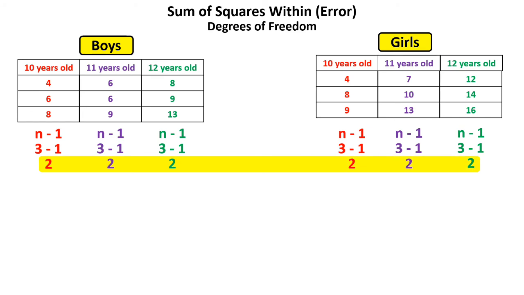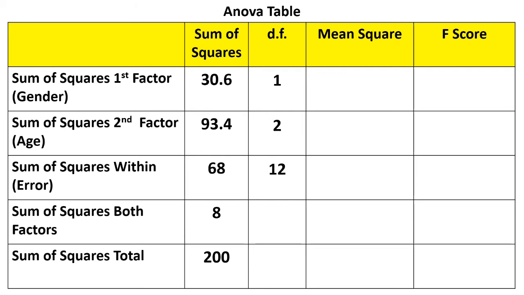Then, we add them all up: 2 plus 2 plus 2 plus 2 plus 2 plus 2. That is equal to 12. So, we have 12 as the DF of the sum of squares within.